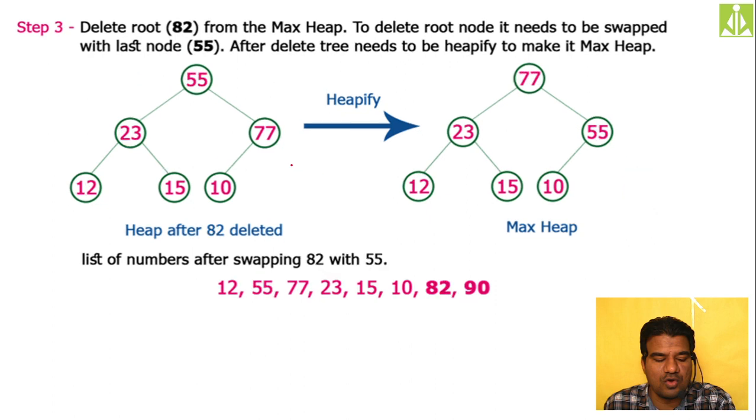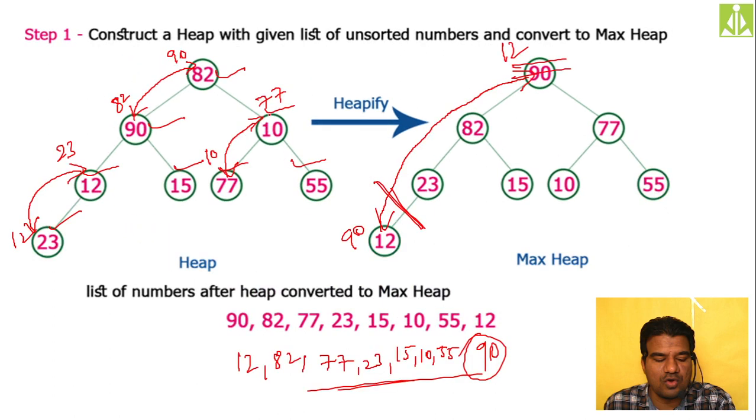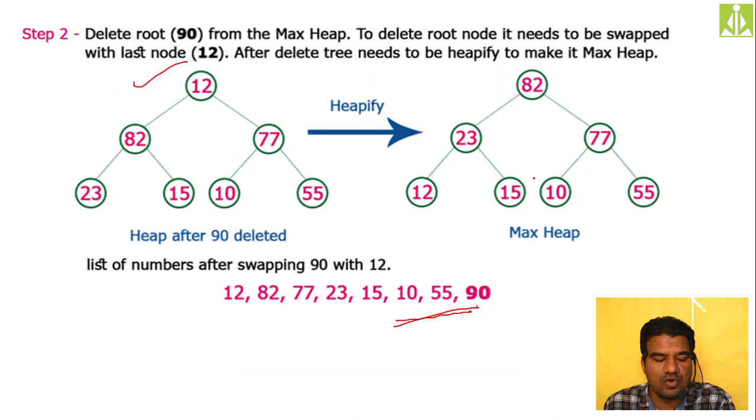The same thing we got. Again, as it is not a max heap, you heapify. Heapify is nothing but converting the binary tree into a maximum or minimum heap. So after making the swap operation and deleting the leaf node, we get this binary tree.